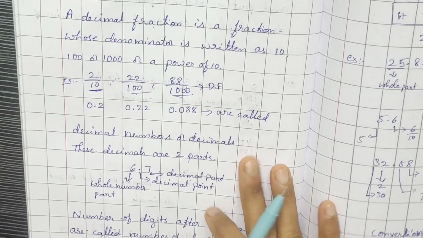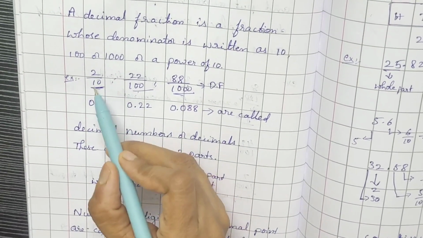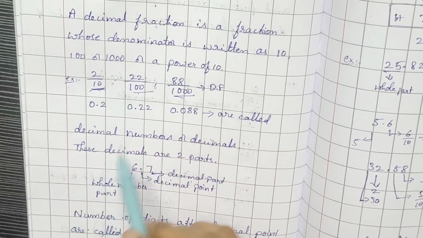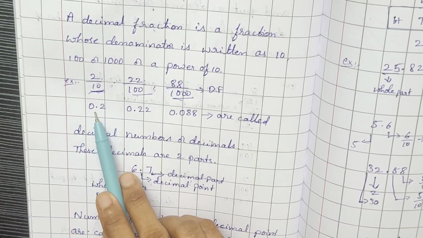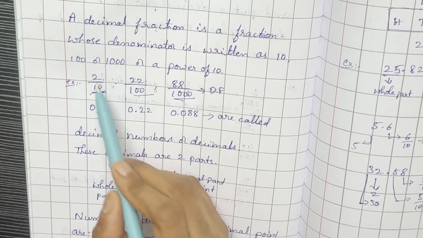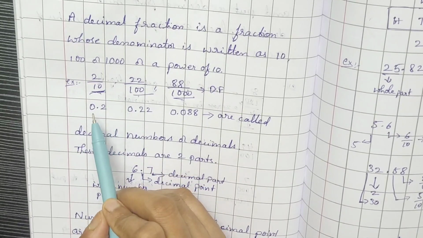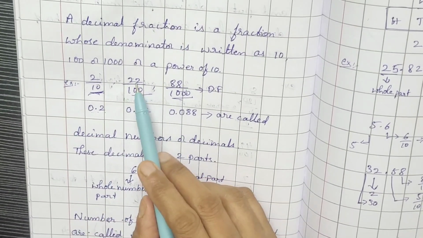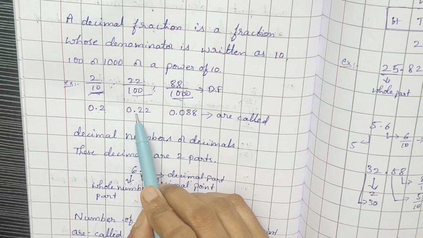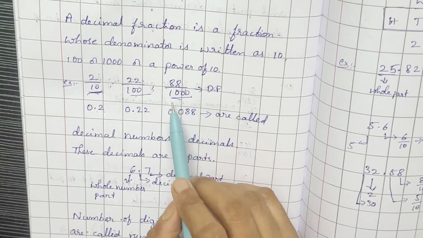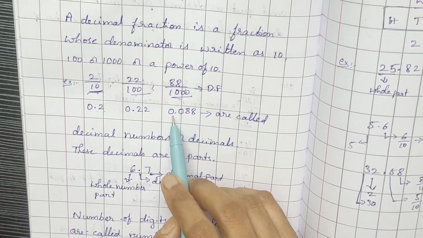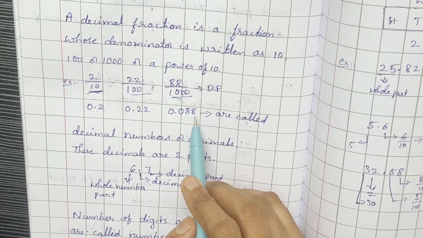Okay. So convert this into decimals. 2 by 10, write it as 0.2, 22 by 100, write it as 0.22, 88 by 1000, write it as 0.088.